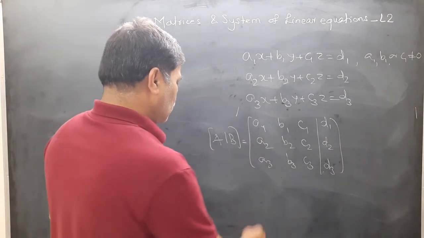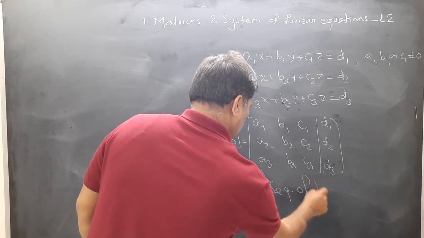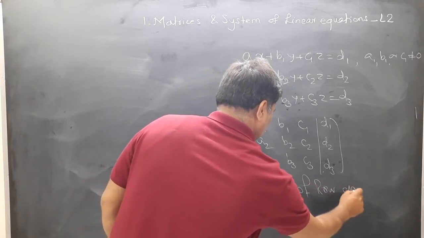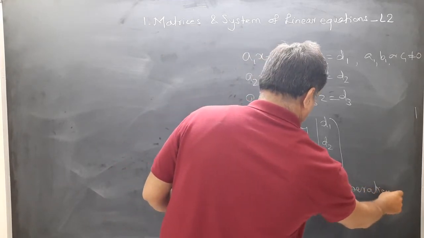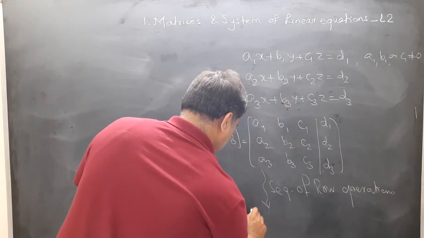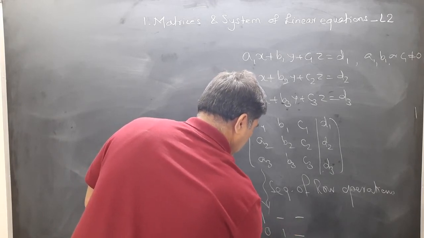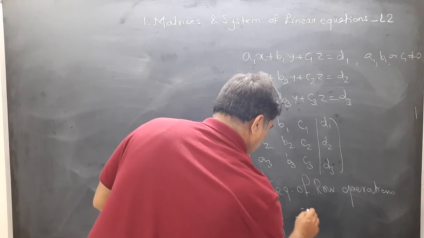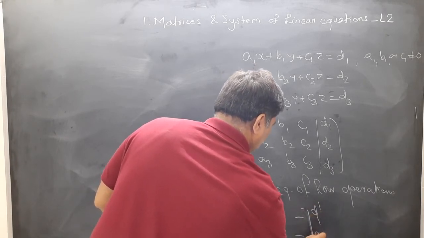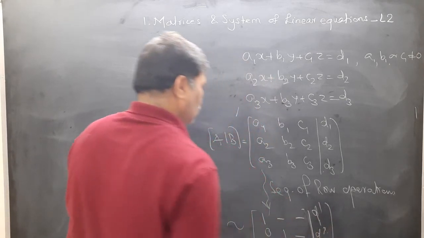So by applying a sequence of row operations, this gets transformed to 1, some entry here, 0, 1, some entry, 0, 0, 1, and here d1 dash, d2 dash, d3 dash. We get something.